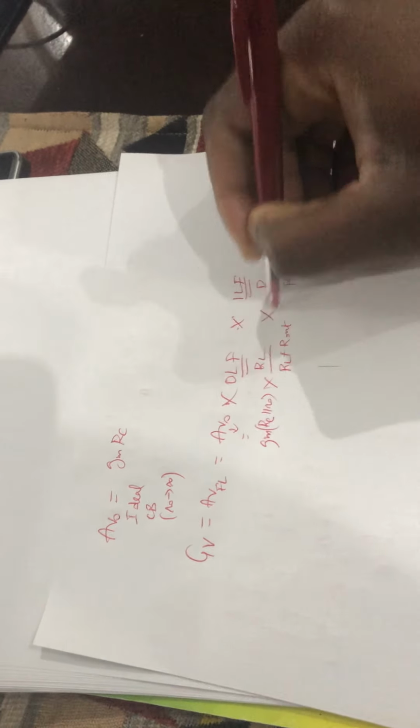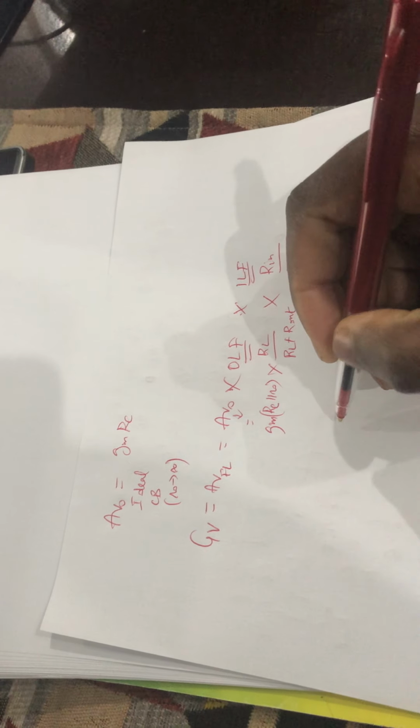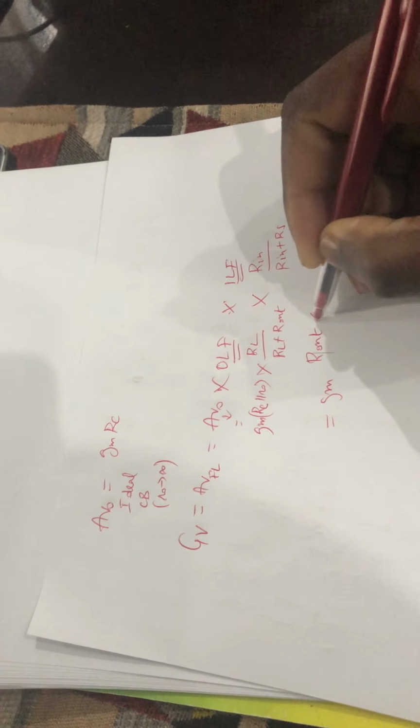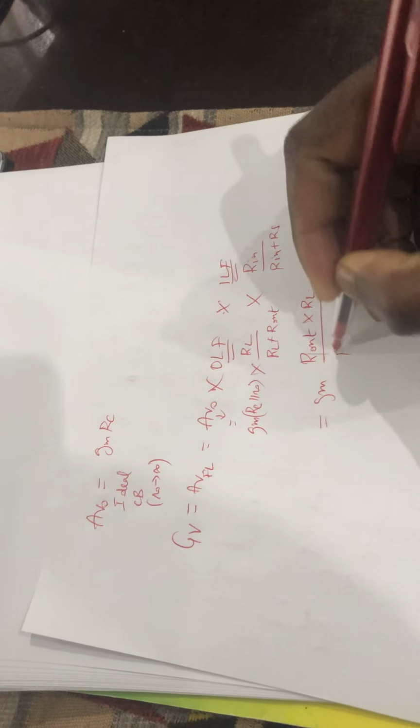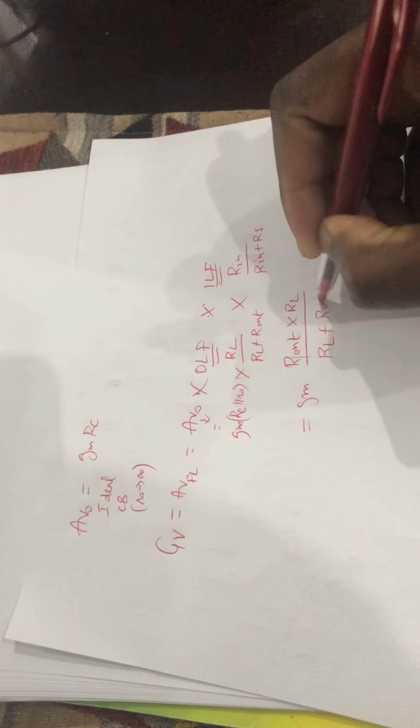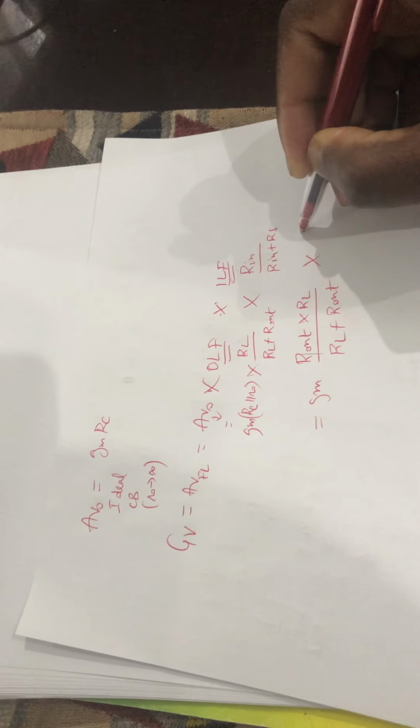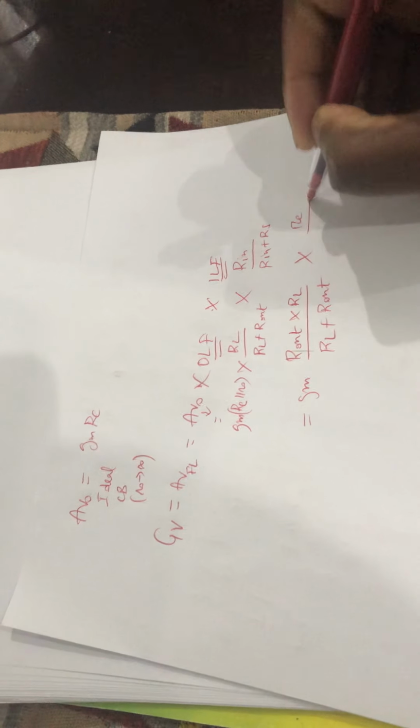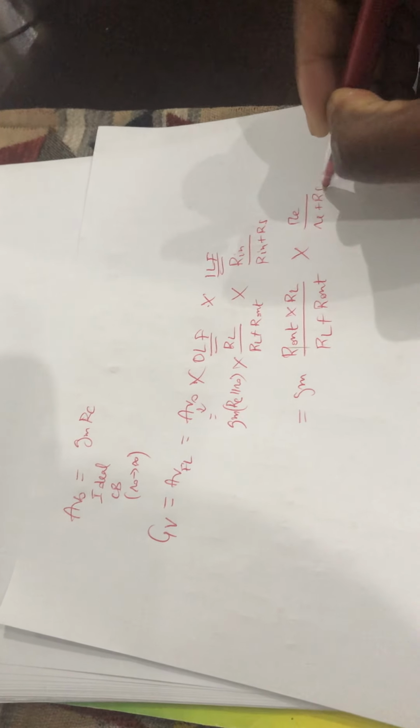So if we do that, now this will lead to gm R out, because Rc in parallel of Ro is R out actually, times RL divided by RL plus R out, all of it times R in, which in our case is Re over Re plus Rs.